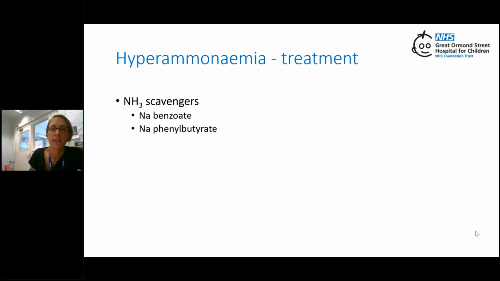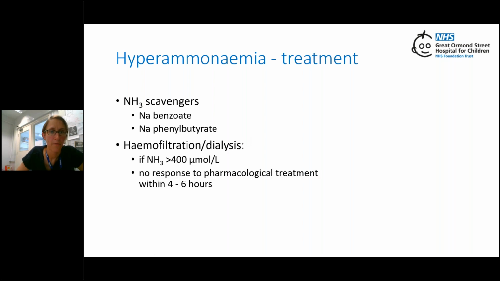And the treatment of hyperammonaemia can be conservative with ammonia scavengers. These are typically sodium benzoate and sodium phenylbutyrate. And I'll come back to how to prescribe them in the next slide. The other treatment for high ammonia is, as I've mentioned before, hemofiltration or dialysis.